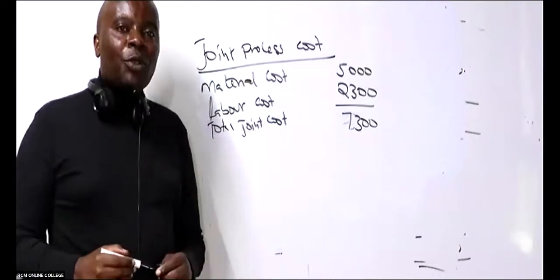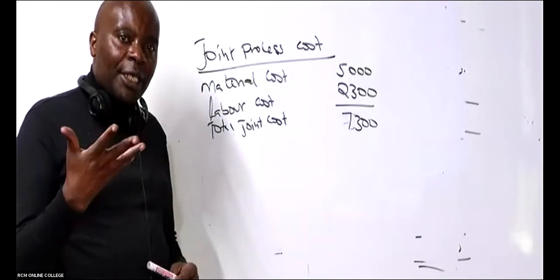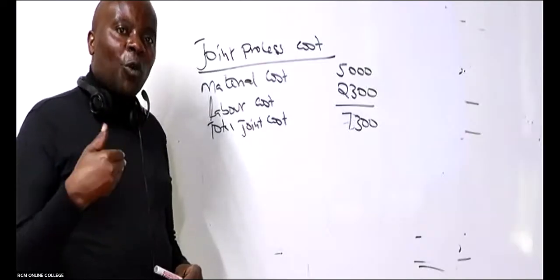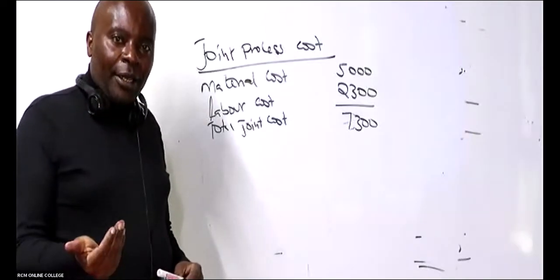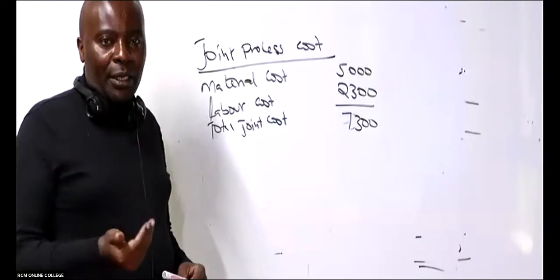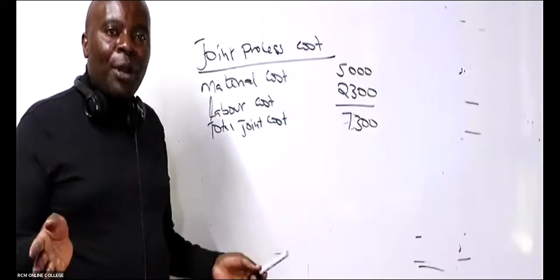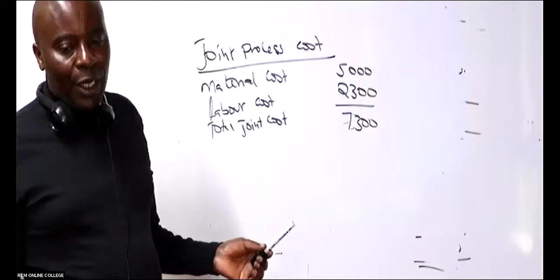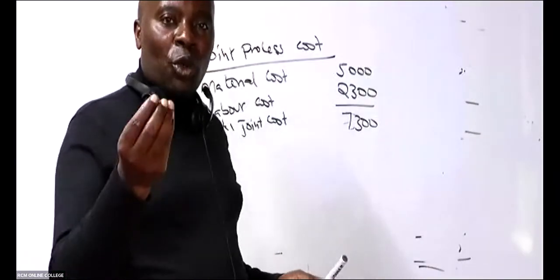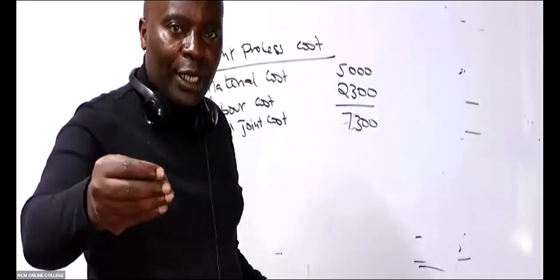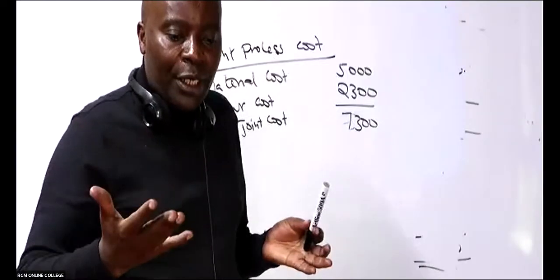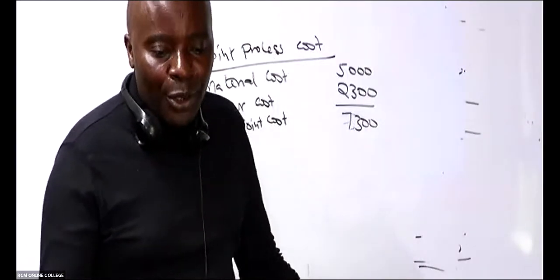But in the process of making our joint main products, we incidentally got a byproduct. For byproducts, the rule is very easy. Byproducts, you shall always sell them. Like the sawdust, you sell it and then you use it to redeem your cost, to reduce your cost.